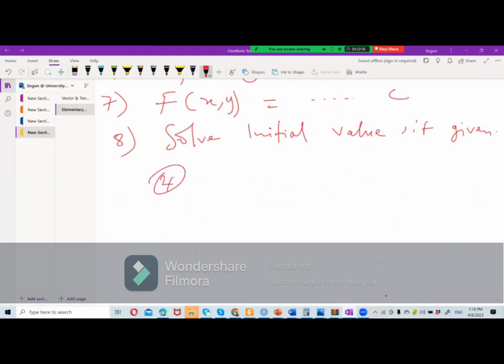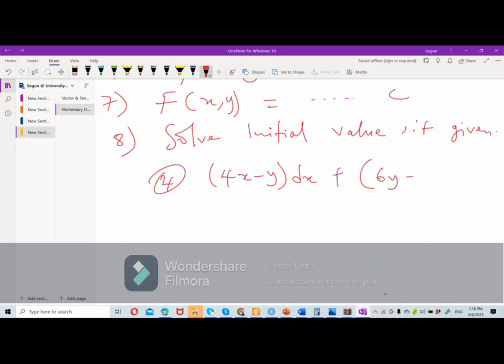Number 4 says we have 4x minus y dx plus 6y minus x dy equals to 0. So the first thing we need to do is I'll need to test for exact equation or exact solution.